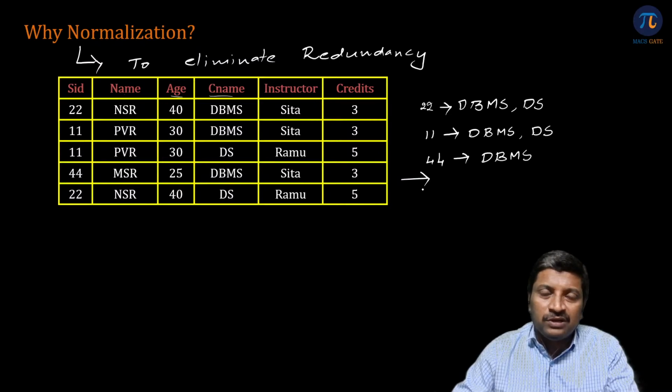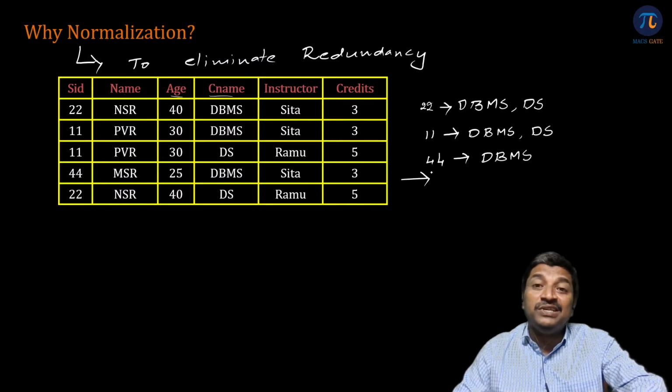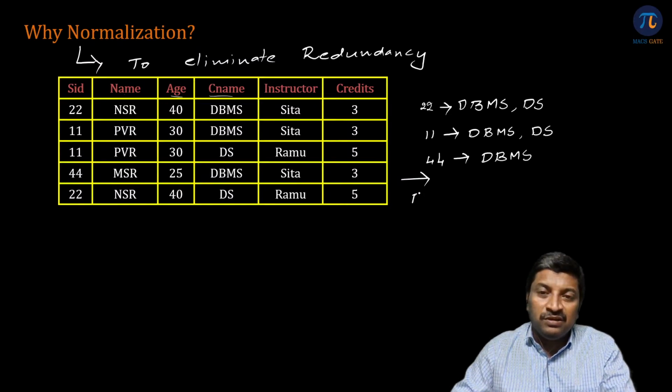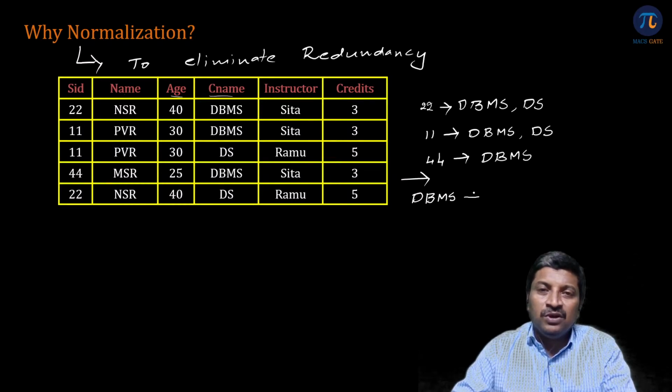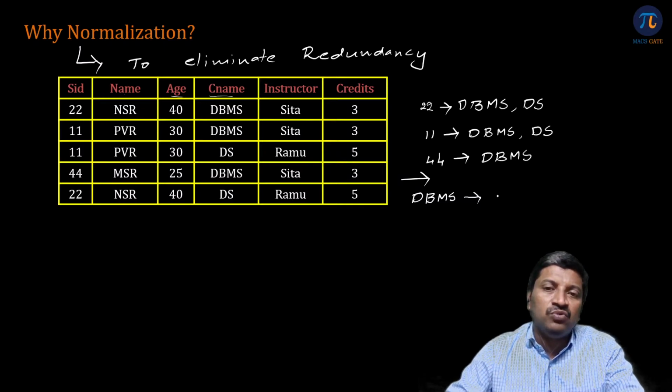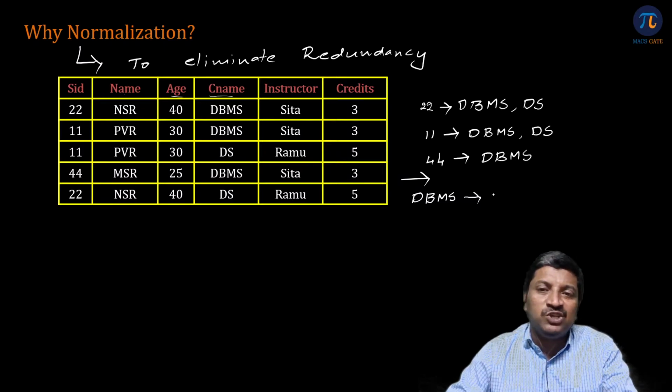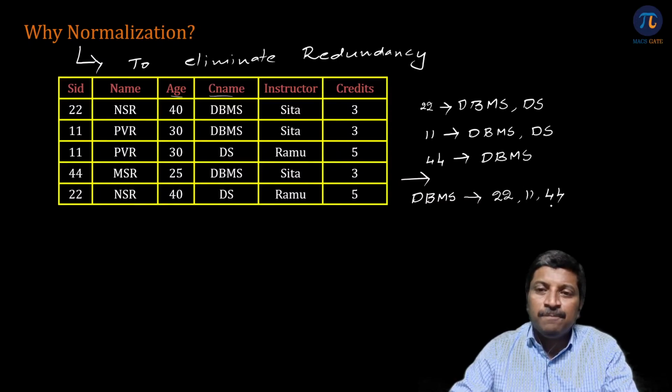So the first point is that a student may register more than one course. The second point, a course can be registered by many students. For example, suppose I consider the course DBMS. Who are the students who registered for DBMS? All the students in this particular instance registered DBMS. Similarly, what about data structures? Two students registered.